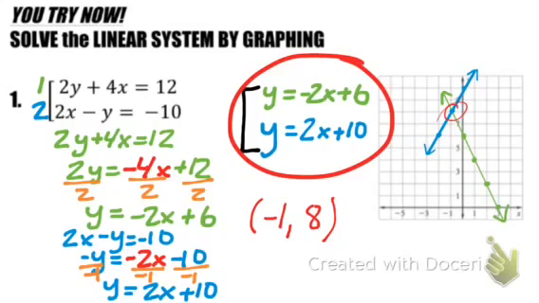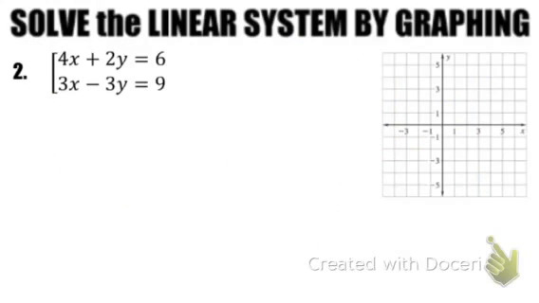Alright, so it looks like the two lines intersect at negative 1, 8, and that is our solution for the first You Try Now. Alright, the second You Try Now, again, pause the video, then check your answers after you are completed on your own.